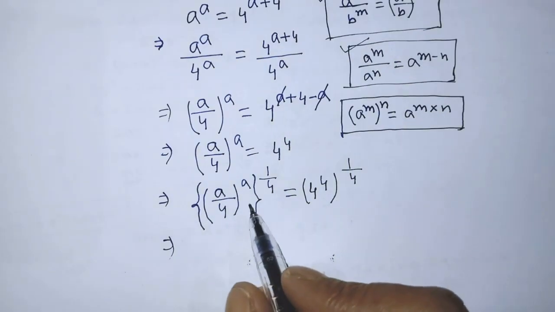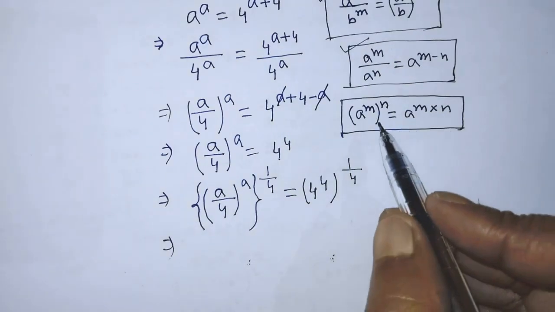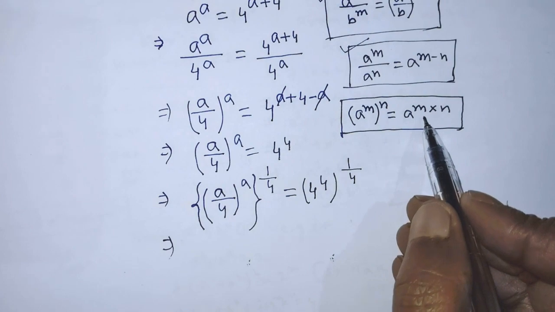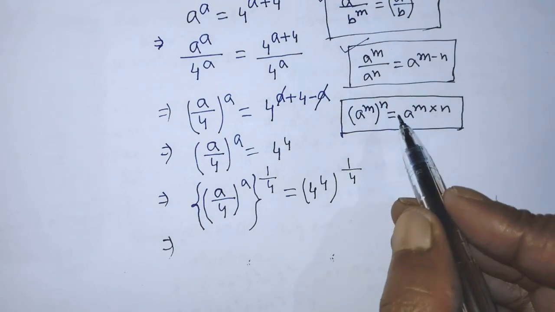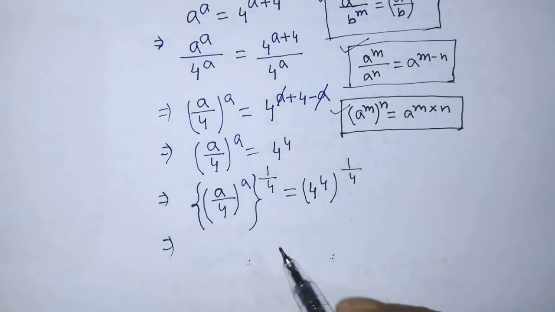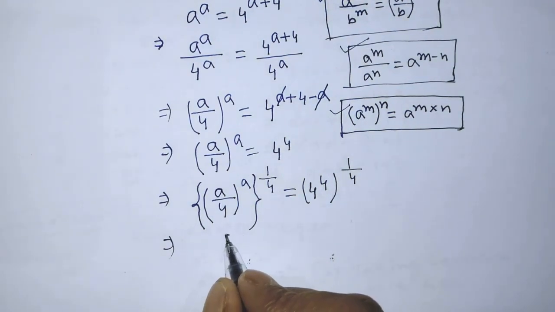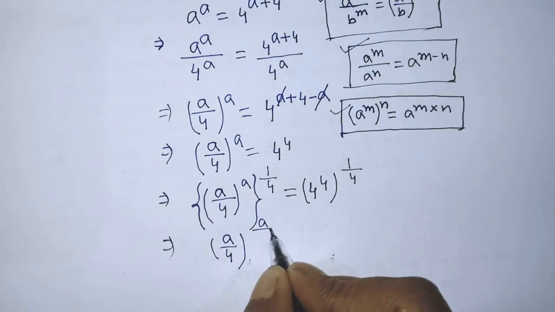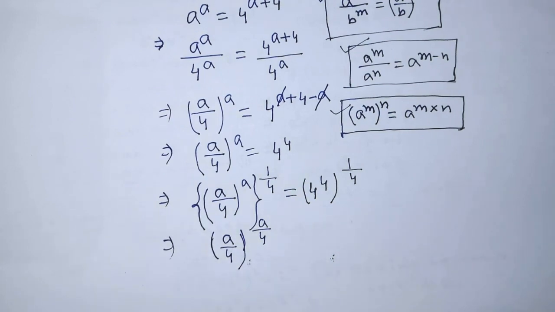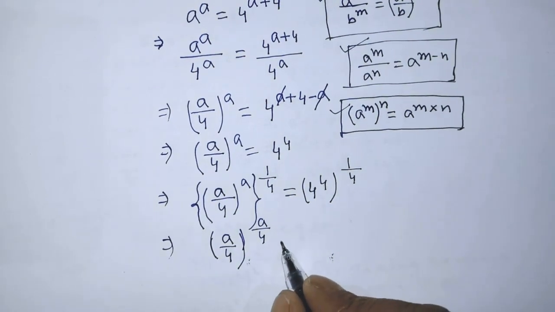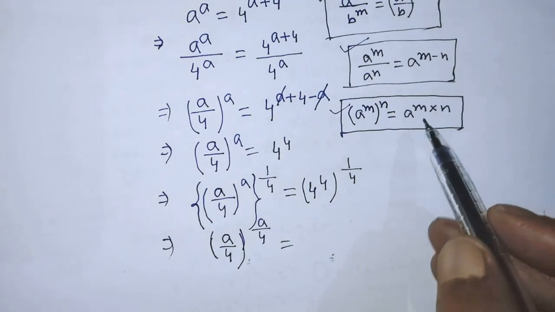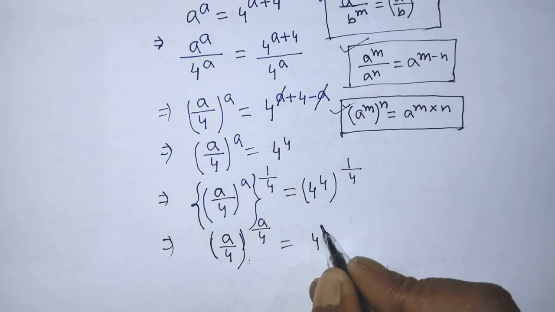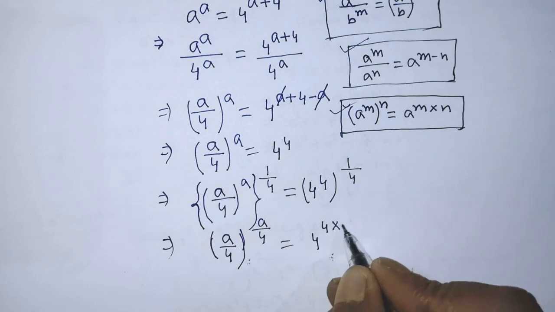So students, to simplify the left hand side of this equation we have to apply the formula a to the power m whole to the power n is equal to a to the power m times n. According to this formula we can write on the left hand side a over 4 whole to the power a over 4 is equal to, on the right hand side, 4 to the power 4 times 1 over 4.